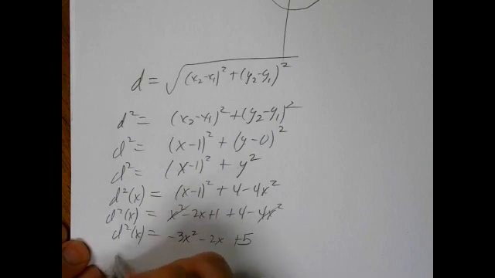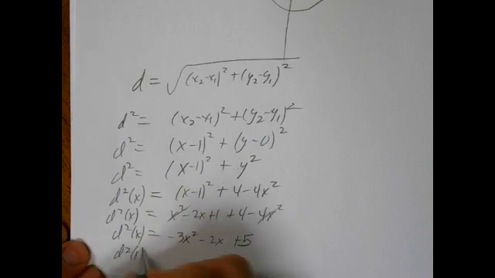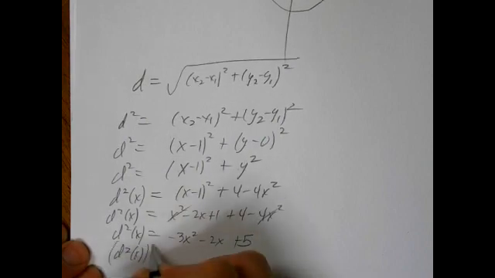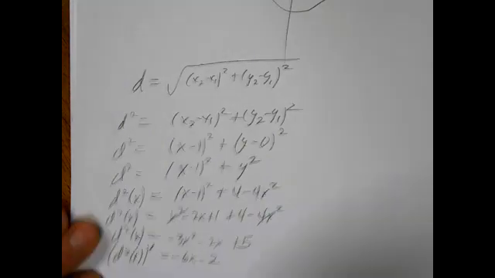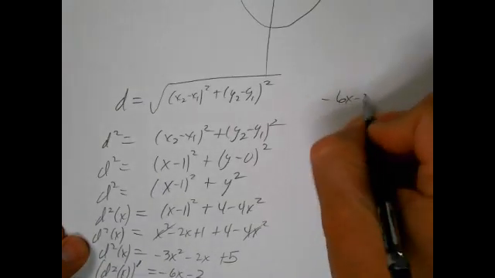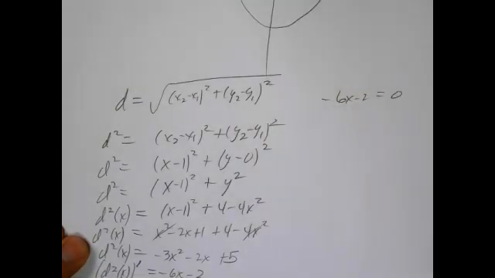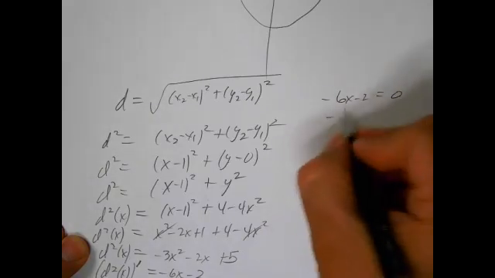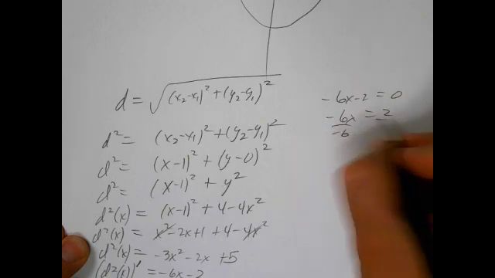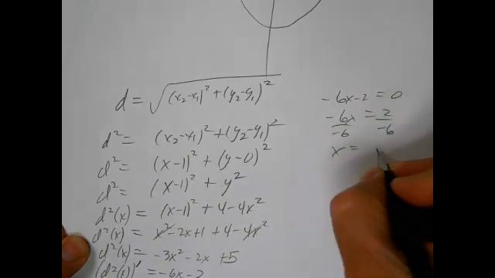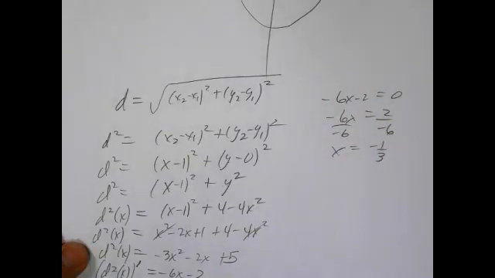So when I take the distance squared function and take its derivative, I get negative 6x minus 2. I set negative 6x minus 2 equal to 0, add the 2 to the other side, divide by negative 6, and I get an x of negative 1/3.